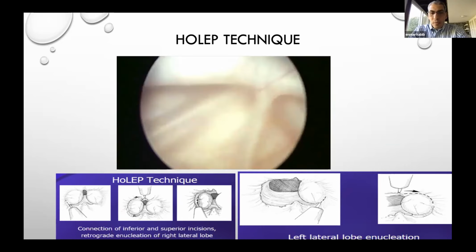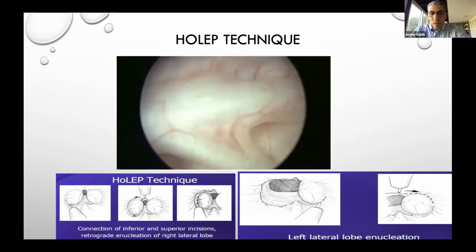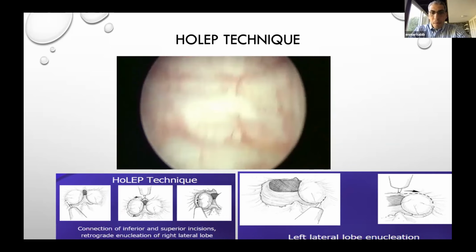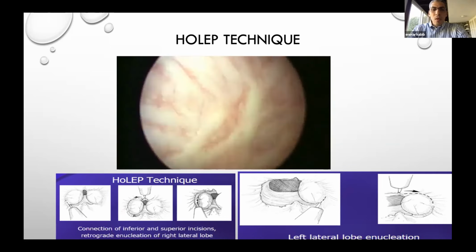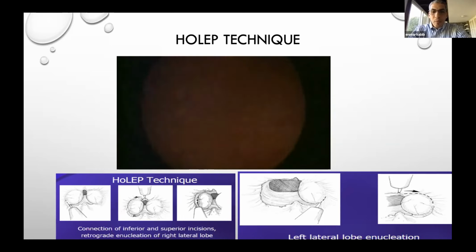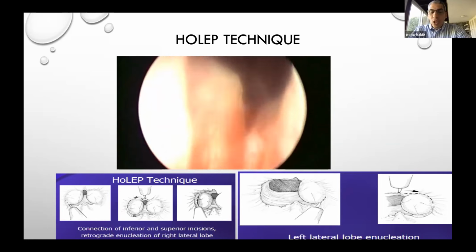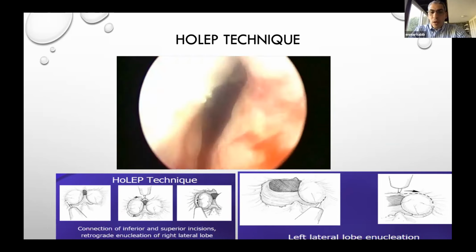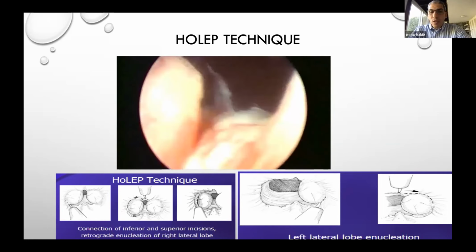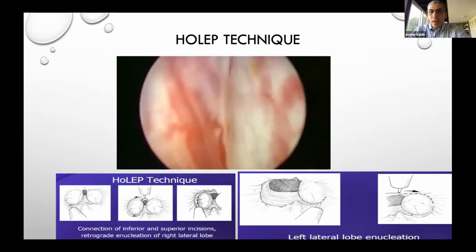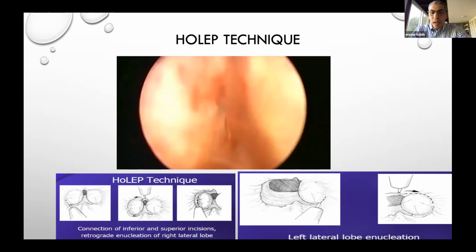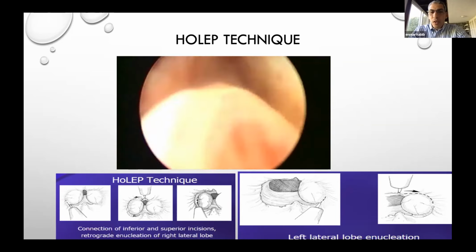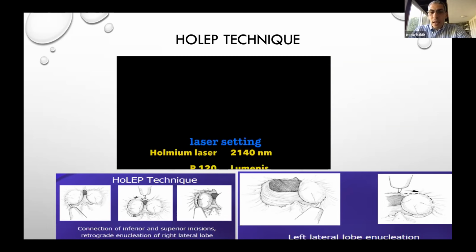So we can see here the left ureteric orifice, the right one, and we can see how the bladder is heavily trabeculated. My setting for HoLEP, I use 2 joules of energy and a repetition rate of 50 hertz.